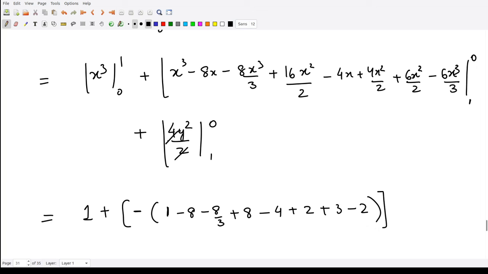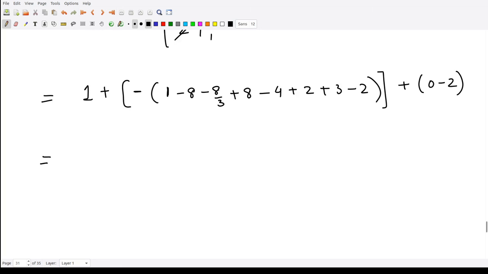And for this quantity, you have plus 0 minus 2, right? So we have here this and this cancels out, this and this cancels out, this and this cancels out. So we have 1 plus 8 upon 3 minus 2.